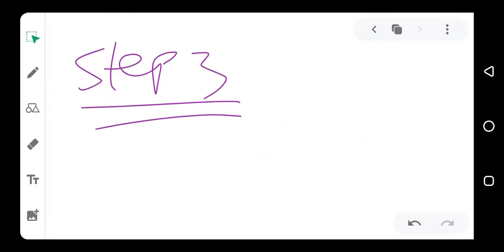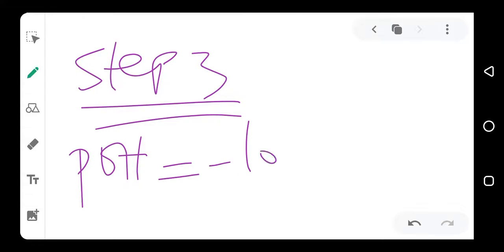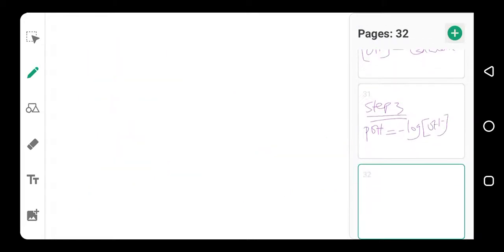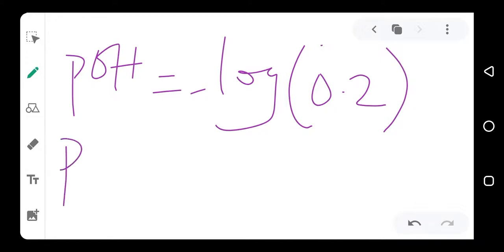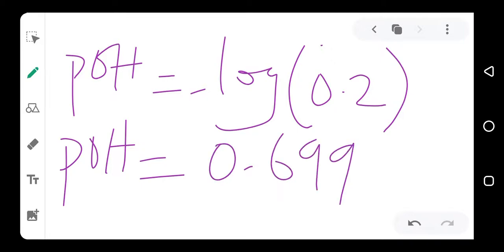Now we have that pOH is equal to negative logarithm of hydroxy ion, and so we have pOH is equal to negative logarithm of 0.2, and now pOH is equal to minus logarithm of 0.2, which is 0.699.